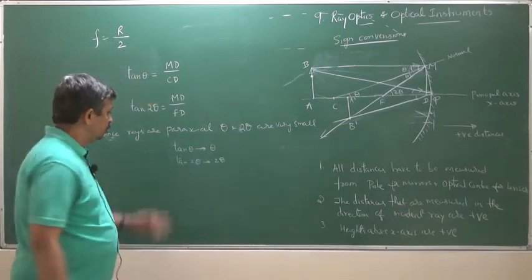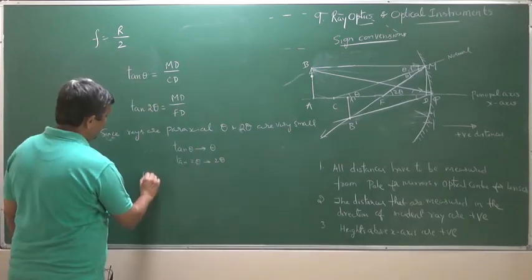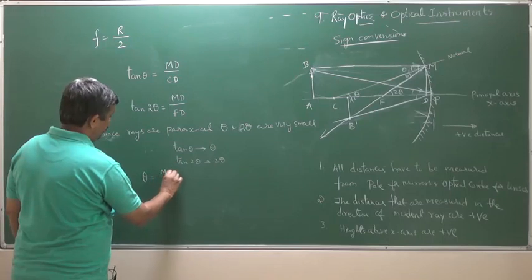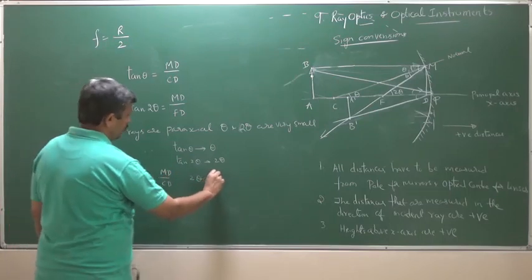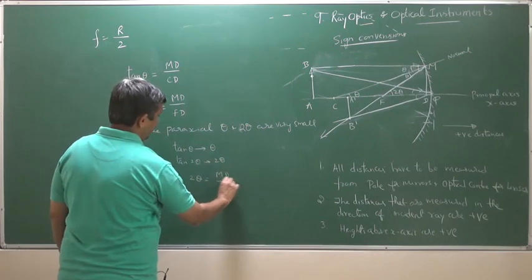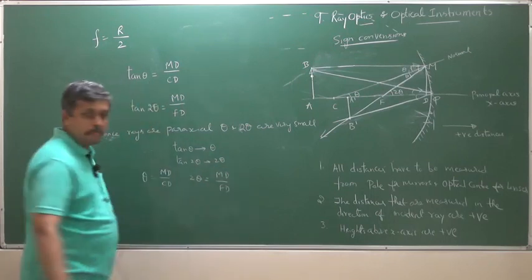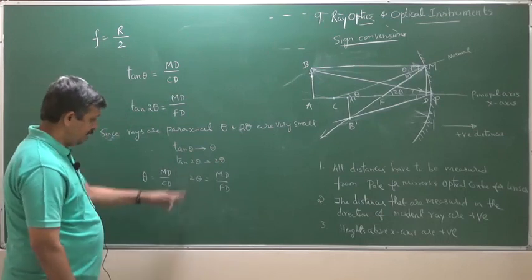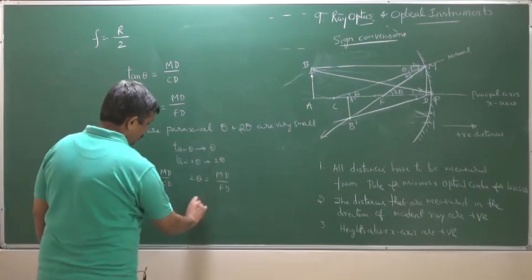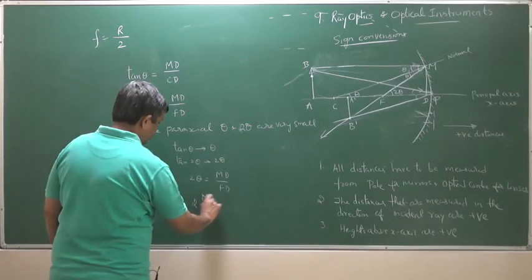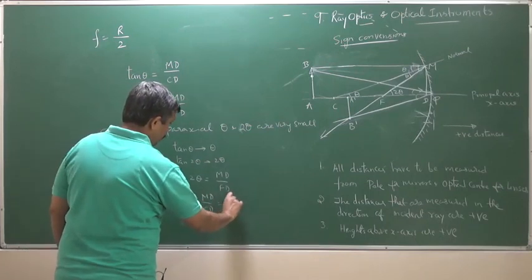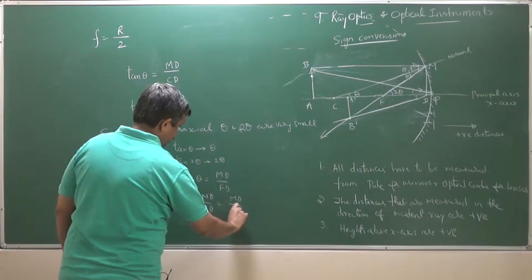So in this case, theta is equal to MD by CD and 2 theta is equal to MD by FD. We will write 2 into theta, substituting from here: 2 into MD by CD is equal to MD by FD.